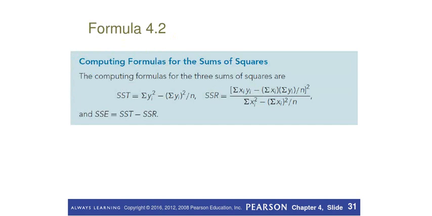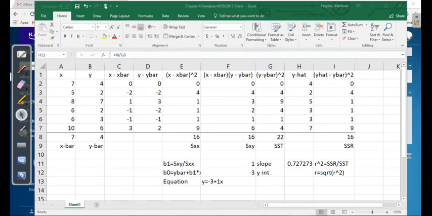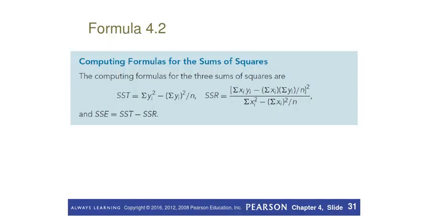Let me go to my table right here. If I wanted to find my errors, SSE, right? If I want to find my sum of squares error, what I'm going to do right here is take the difference between, let's go back to the table right here, SST minus SSR.